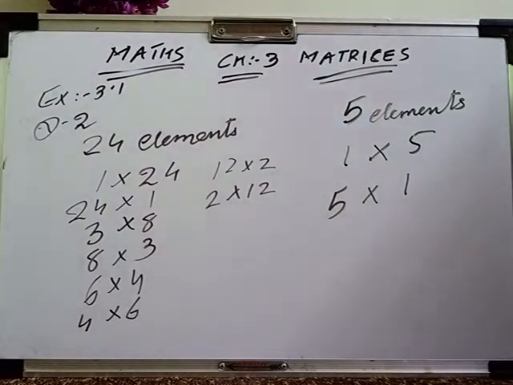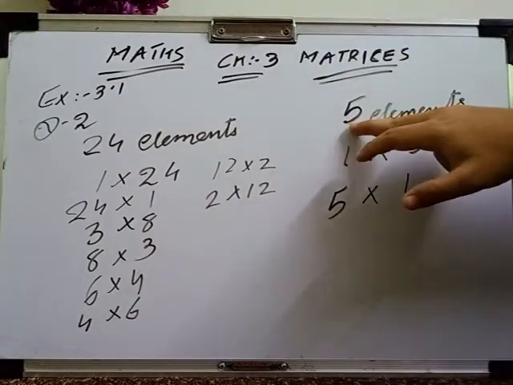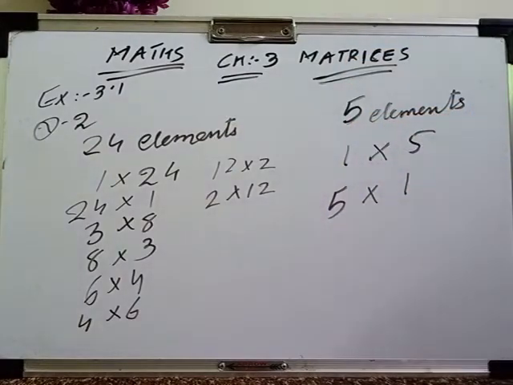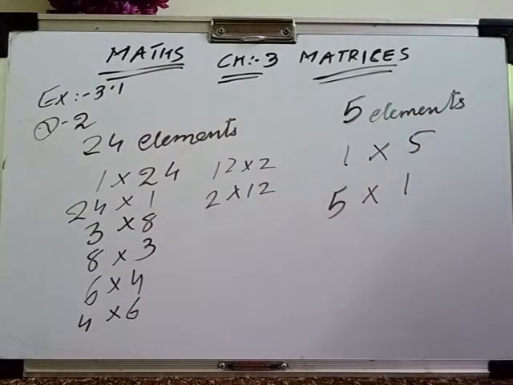But 5 is given in the third question, and in the second question it is given 13, so we just swapped that. So in the second question, settling 13 elements, you will have just 1 cross 13 and 13 cross 1, and in the third question it is asked to have 5 elements, so you can note down the solution for that third question.